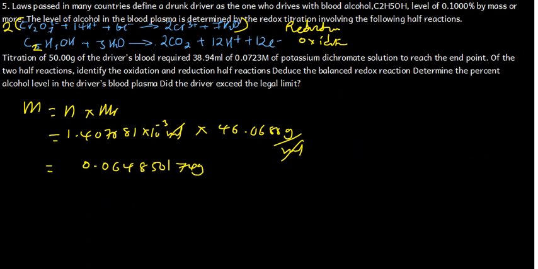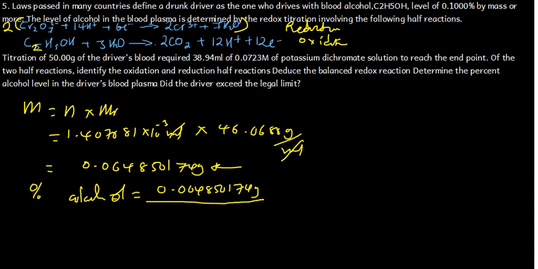Now we want to determine the percent alcohol. So this is how much alcohol is there in the blood. But remember, we took a plasma of that. That's the total blood that we took. And so determine the percent alcohol. That will be equal to the mass of the alcohol present in the blood, 0.064850 grams, divided by the total sample of blood plasma which was collected, 50.00 grams, and then multiply that by 100%.